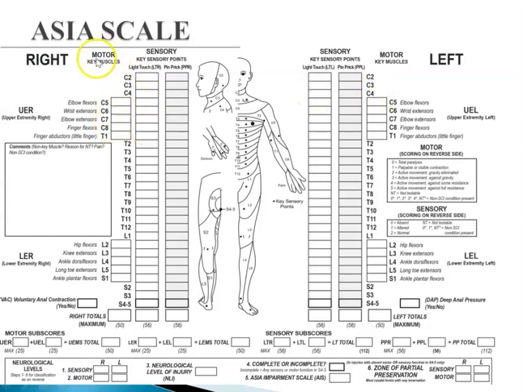For the upper extremity, we assess elbow flexors, wrist extensors, elbow extensors, finger flexors and finger abductors, that is C5, C6, C7, C8 and T1. These motor scores can be assessed using the MRC grading, that is the manual muscle testing.